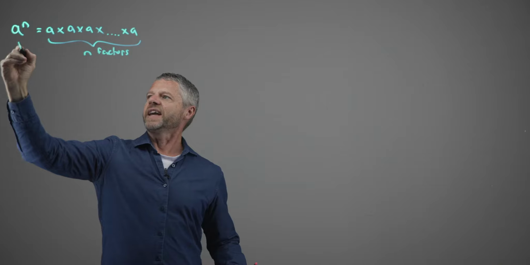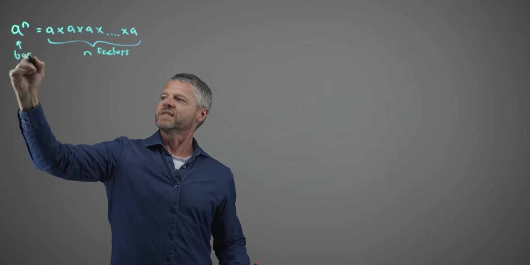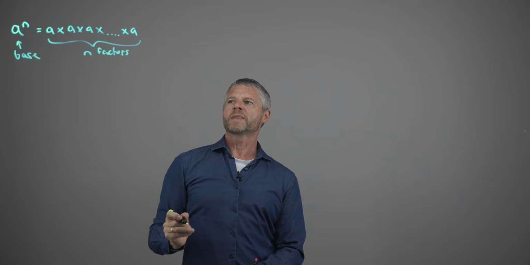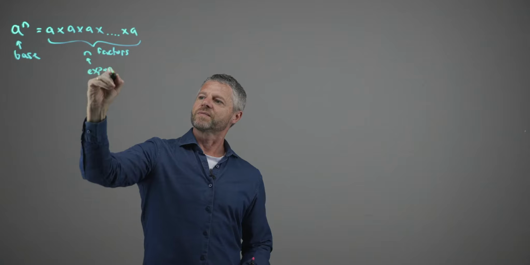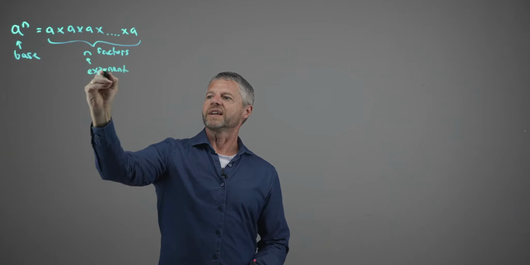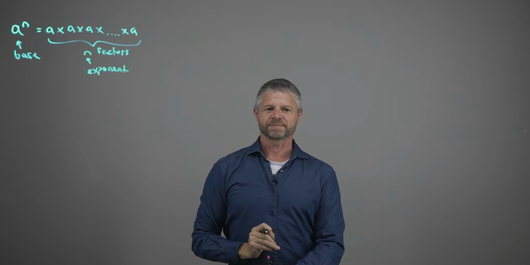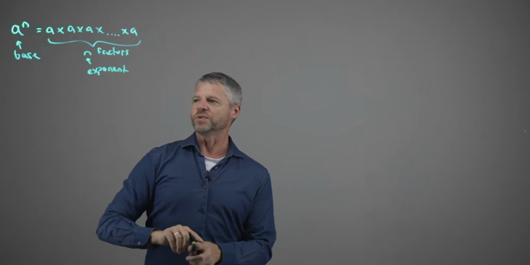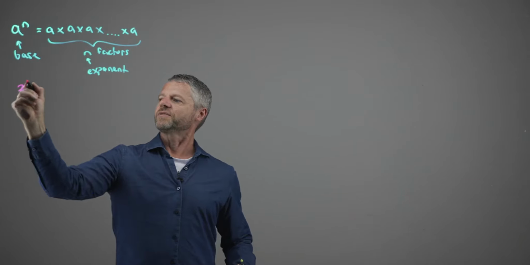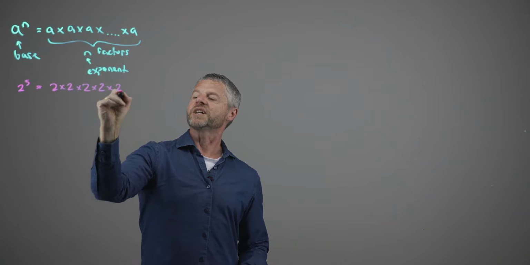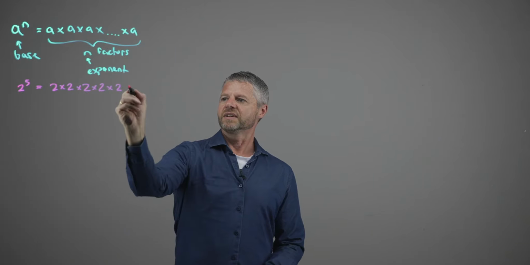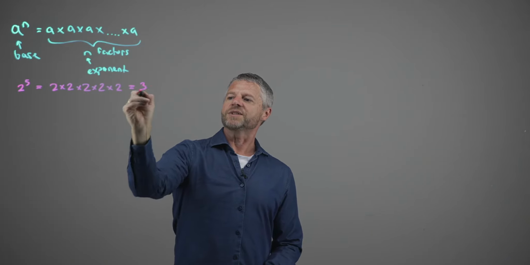And here a is called the base, and that's any real number, and then n is the exponent, and that's an integer exponent. So for example, we could have 2 to the power 5, so that's going to be 2 times 2 times 2. So we're going to multiply 2 5 times. And if we evaluate that, that comes to 32.